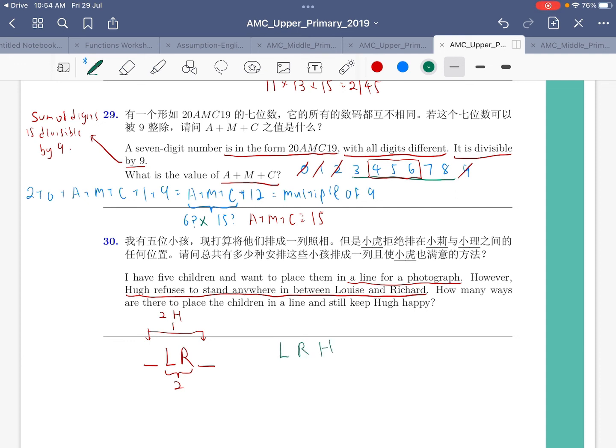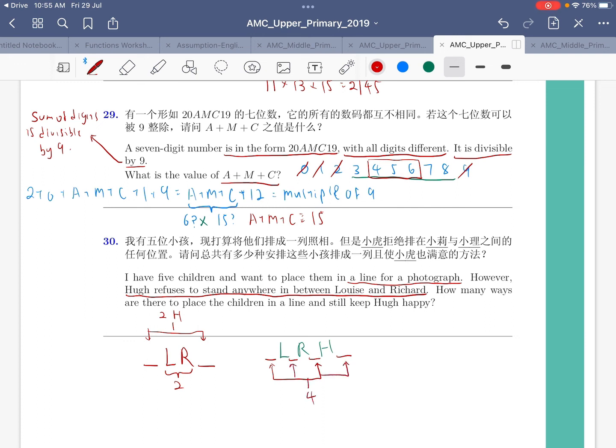Where can the other kids stand? We still have two more kids. Well, the first kid, maybe I'll denote it as A, will actually have 4 places to stand at.